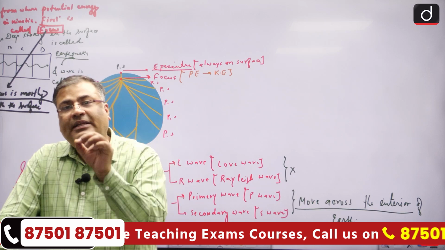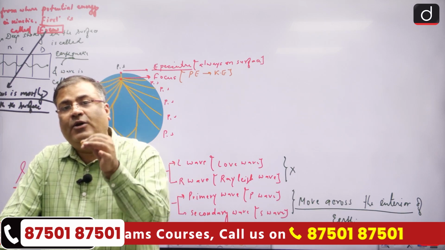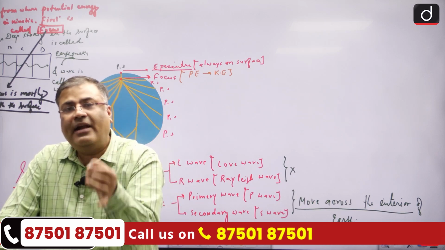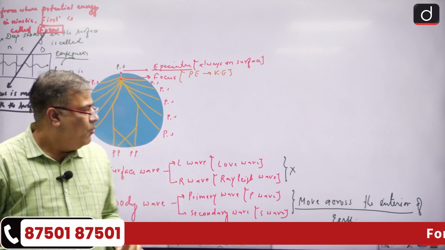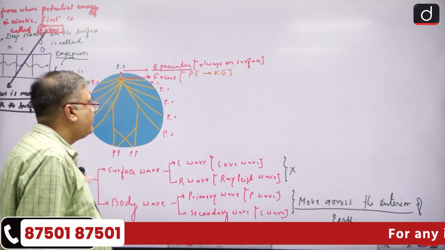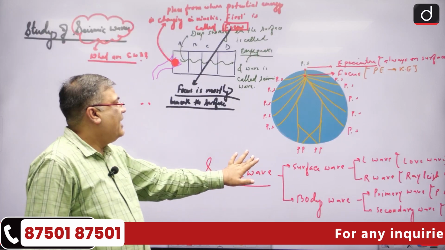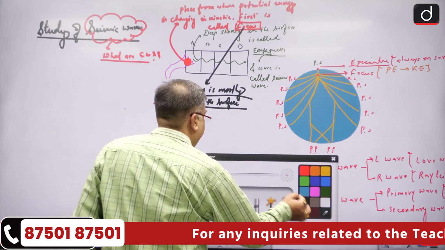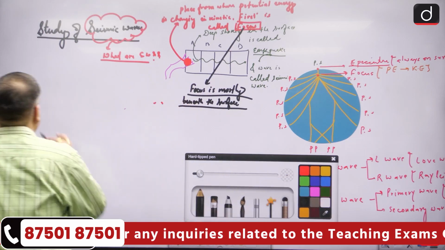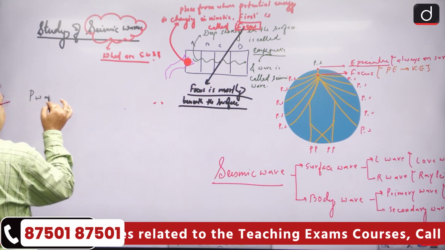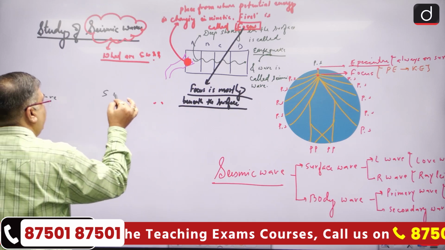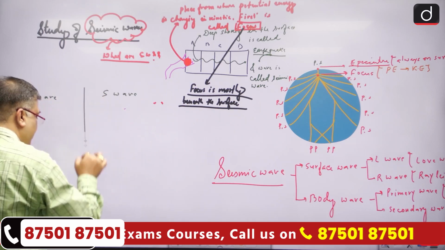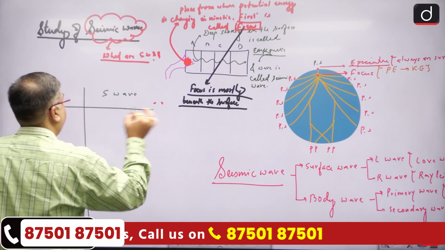Because we know there is a difference in the properties of the P wave and the S wave. What is that difference? When we talk about the P wave and S wave, we need to understand certain things.